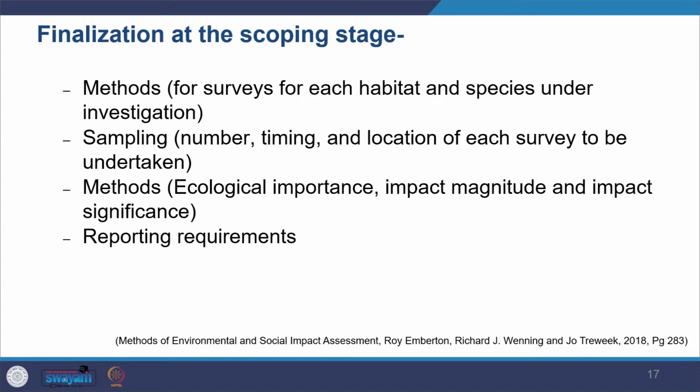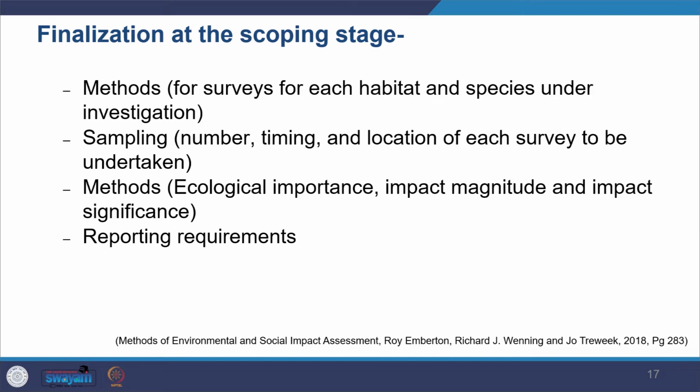Another is the methods to be used to assess ecological importance, impact magnitude and impact significance. What kind of method you're going to use, how you're going to make that decision, what the magnitude of that impact is and what the significance of that impact is. This may differ for each species and habitat, and also depending on whether species are permanently resident or migratory.